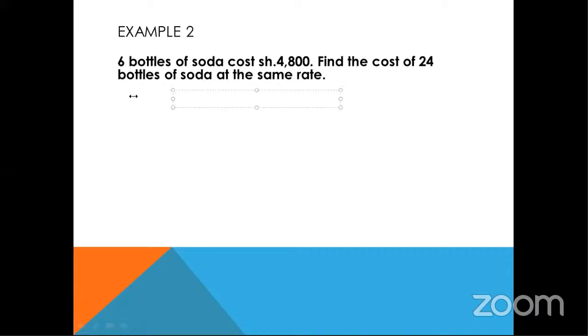Do we multiply? No, teacher, you divide. Okay. Yes, can you divide 4,800 shillings and tell us? Have you divided?